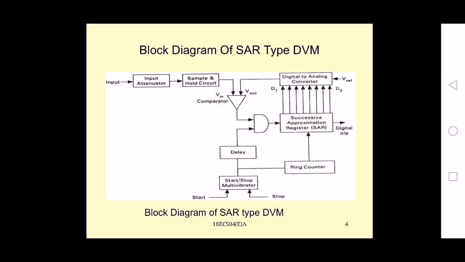The D to A converter converts this digital code into an equivalent analog signal. This procedure continues till the output of the digital to analog converter becomes equal to the unknown input voltage. Then this voltage is displayed on the digital display.